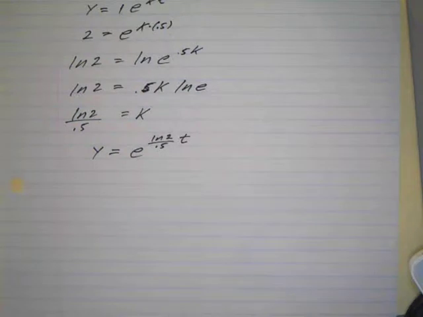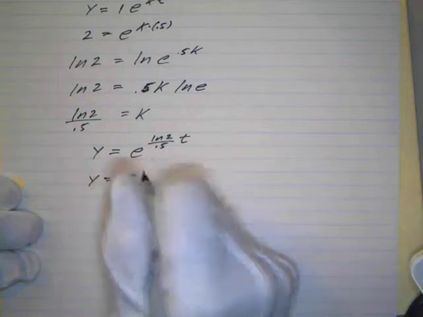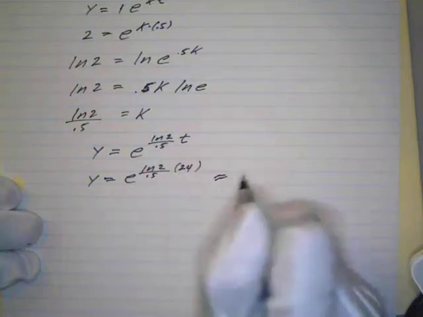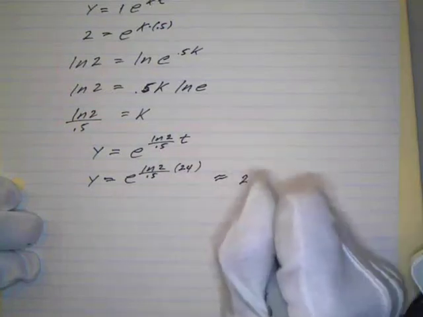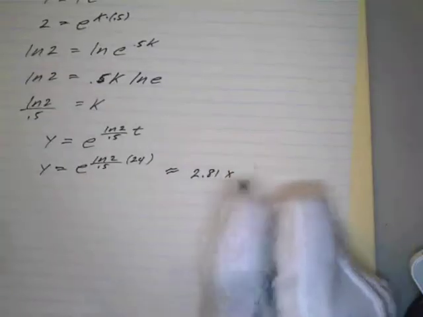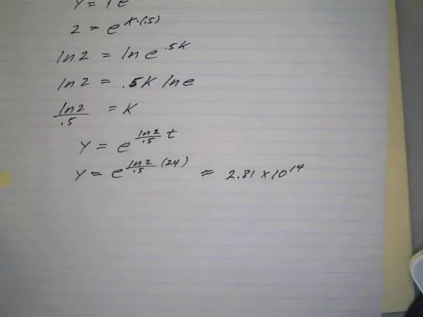And they want to know how much we will have in 24 hours, so that's just going to be y equals e to the natural log of 2 divided by 0.5 times 24. And that's going to be approximately 2.81 times 10 to the 14th. Now I worked it so you can see how I put it in the calculator.